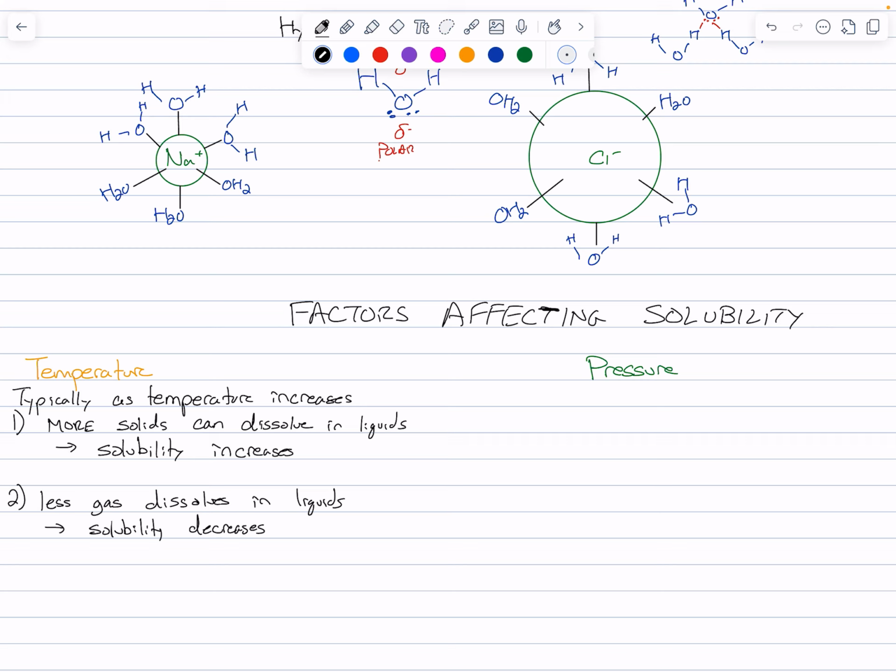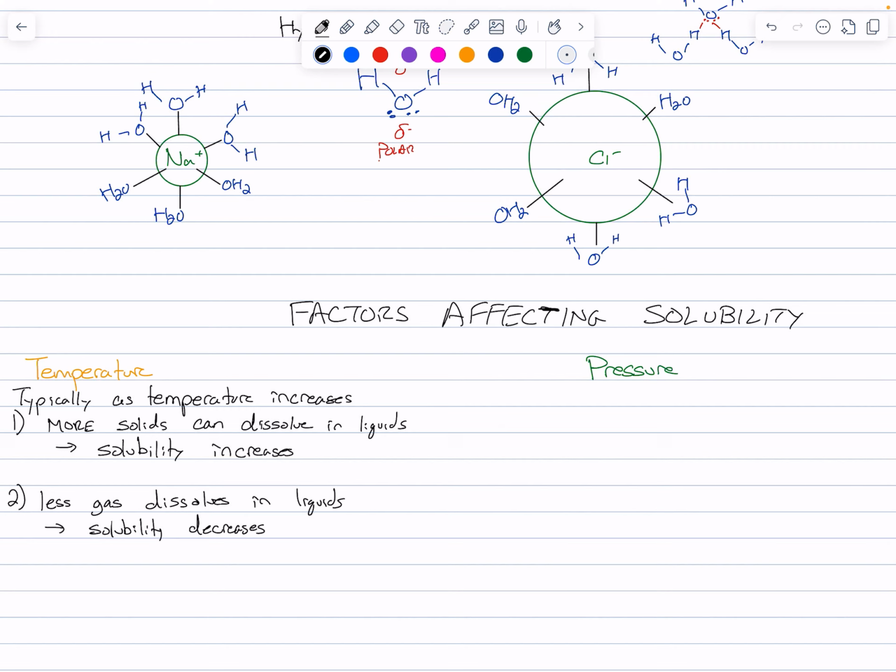So, for example, if you have a soda, if you're a soda drinker, if you have a warm soda and you open it, more of the carbon dioxide comes out than if it's a cold soda, all right? That's just how that works, all right? So unlike if you want more sodium chloride, if you want more sugar in something, hotter is better. If you want more carbon dioxide in something, colder is better.